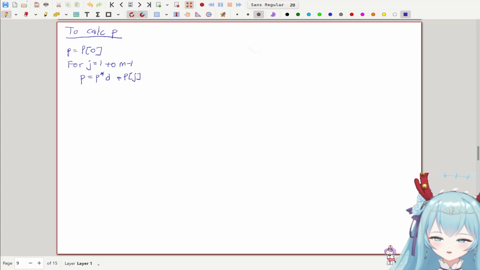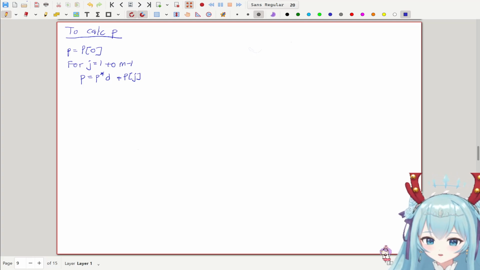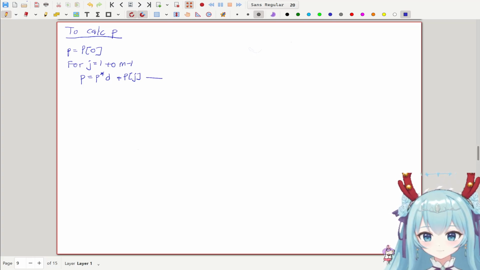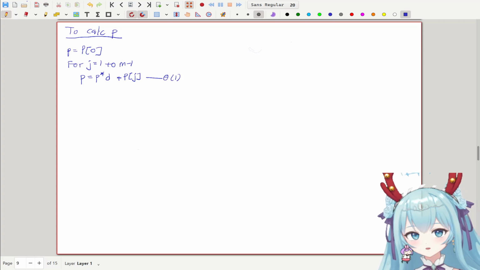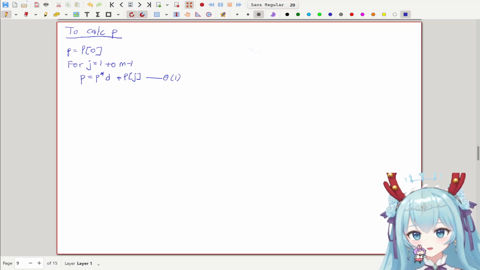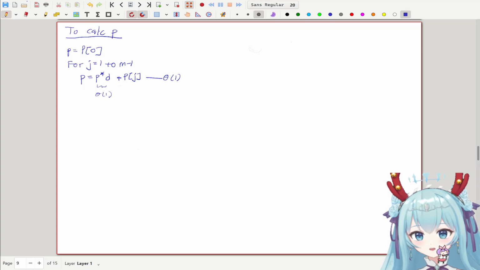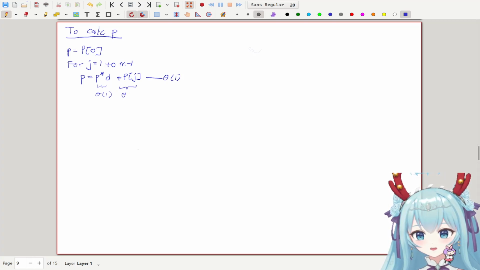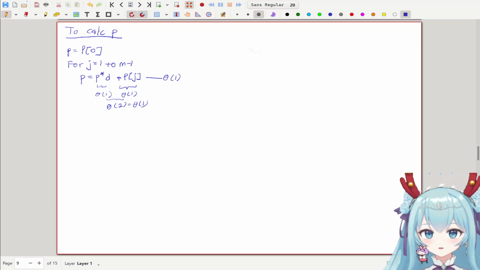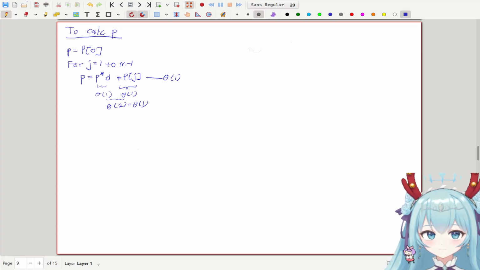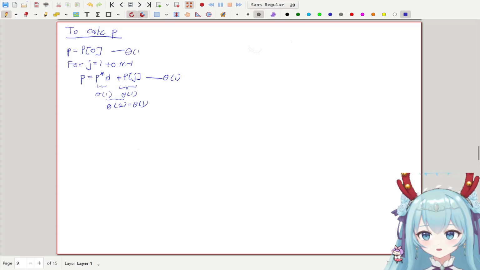And we can see over here, if we were to distribute this, in this case, it will be theta of 1, because this is already theta of 1, and this addition is another theta of 1, so it will be theta of 2, which is equals to theta of 1. And then this is also theta of 1.